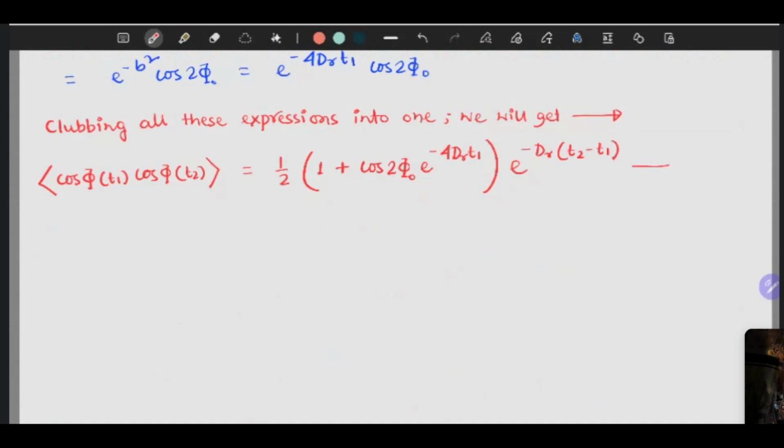So this is the grand expression, let's say A.